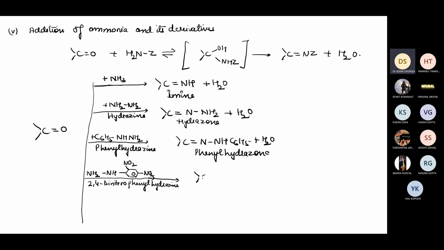So it is going to give you a C double bond. Simply in every case, if you look, only the addition is taking place. So it is going to give you a 2,4 dinitrophenyl hydrazone.